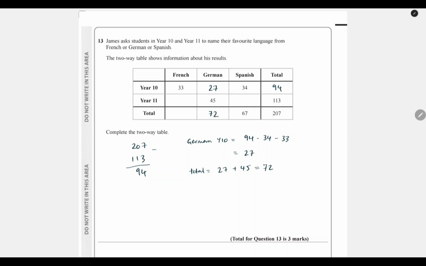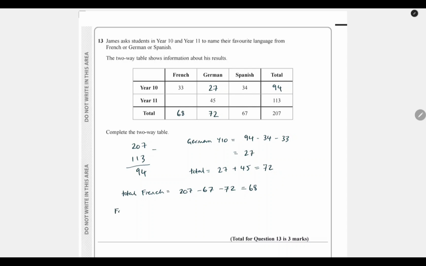We can then work out the total for French, which is going to be 207. So total French is equal to 207 minus 67 minus 72, and that's equal to 68. So now we have all of our totals. We can then work out the number of year 11 students that prefer French.